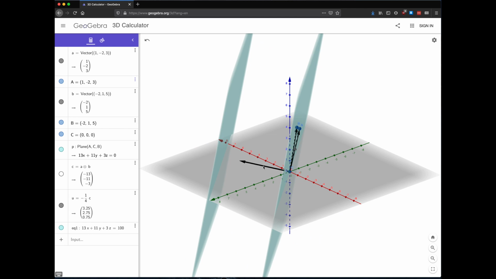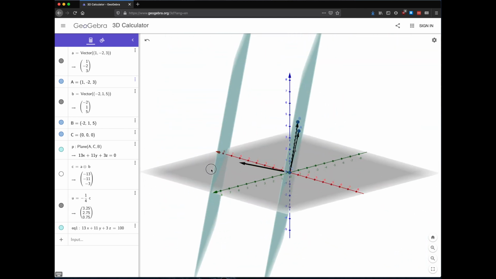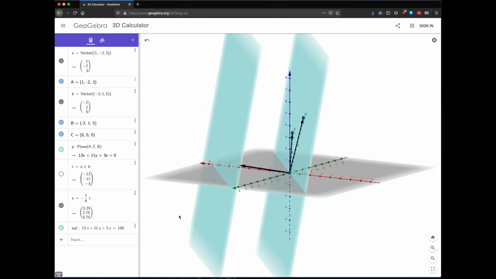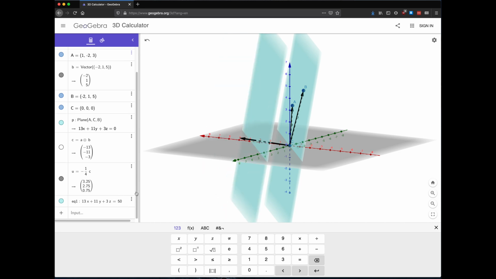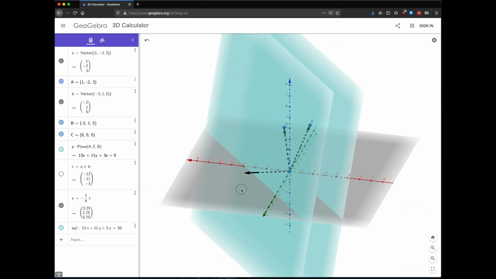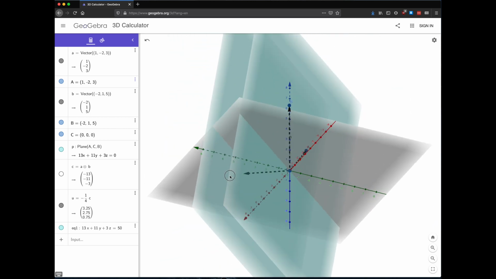Notice how my normal vector is still going to be normal to both of them. I'll make it a little smaller, and maybe we can get what I was looking for. So can we cooperate, GeoGebra? Sure. And now we see that this normal vector is normal to both of them because they're both parallel.